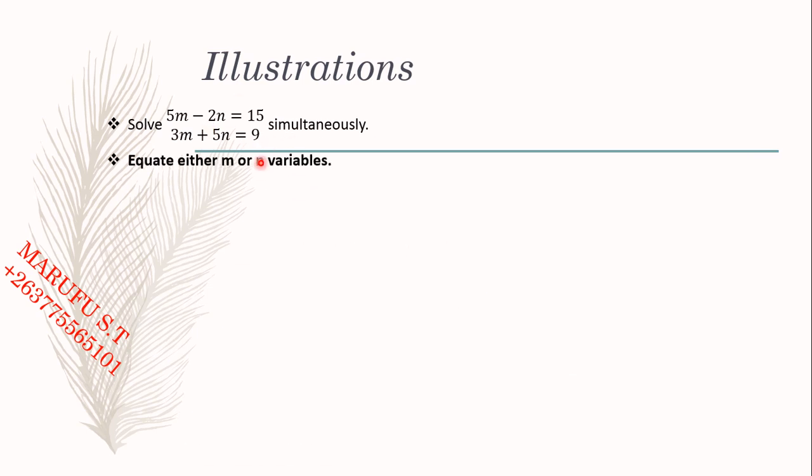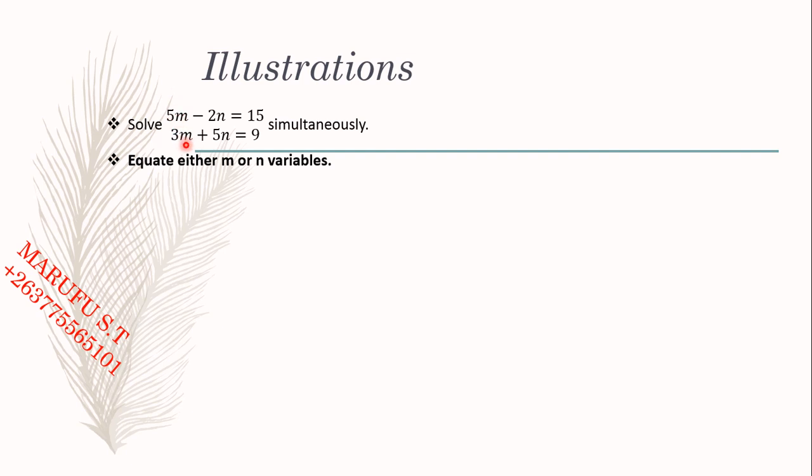What we have to do first is to equate either these m variables or these n variables. But for now, let me equate these ones which have the same sign. It's plus 5m here and plus 3m here. So we multiply these to balance them. How do we make this number the same as this number here?